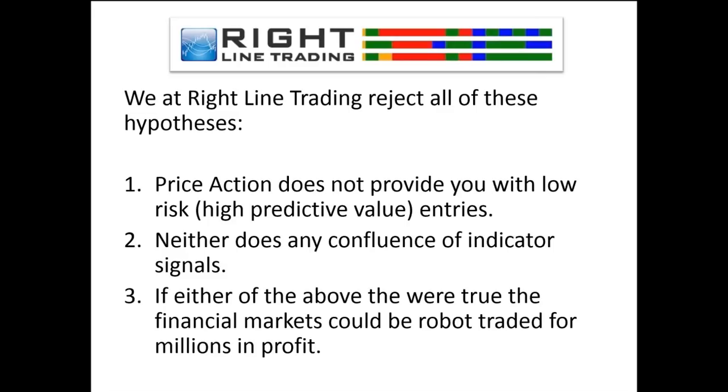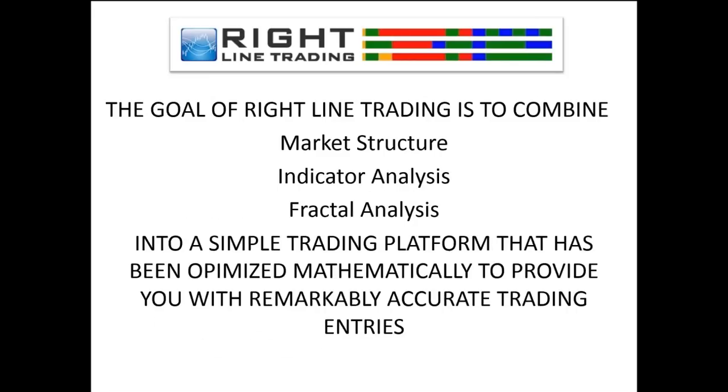So it does its own fractal analysis. So you don't have to look at multiple higher time frames in order to trade, say, a 377 tick or a 1 minute or a 3 minute. The indicators analyze data from multiple higher time frames and do all that heavy lifting for you.